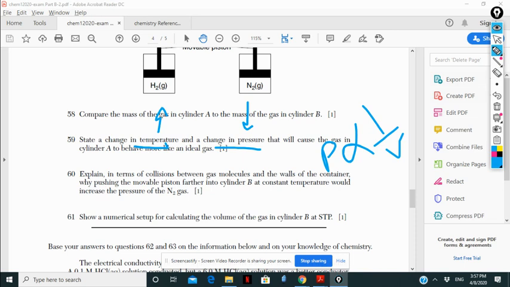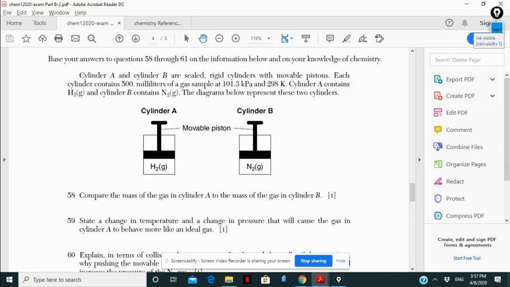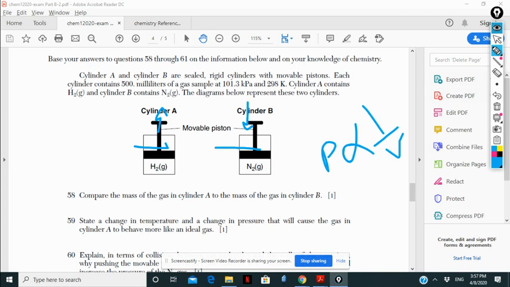Question number 61. Set up a numerical setup for calculating the volume of the gas in cylinder B at standard temperature and pressure. So in that case, I have to read the question. So it said here: pressure, volume, and temperature.